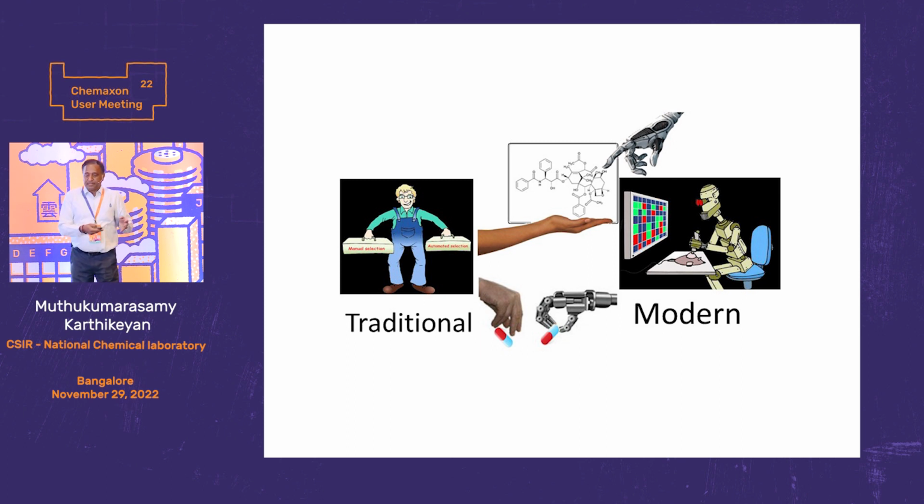They used to do this manually. Today, since the data is huge, it is humanly impossible to do such things. So what we used to do manually, we now do with computers, understanding the features in a molecule and using them for prediction studies. That is what we are doing.